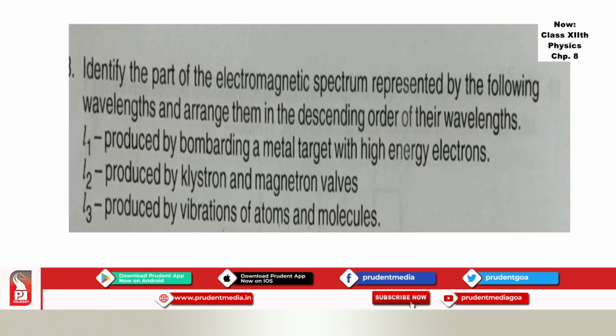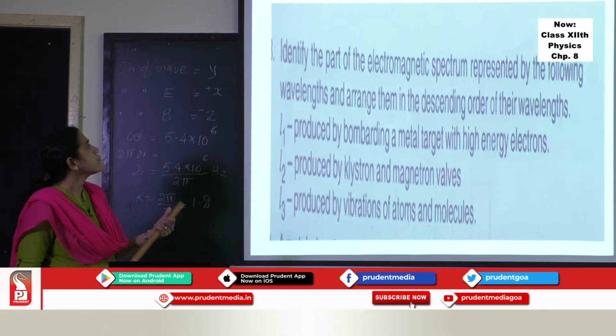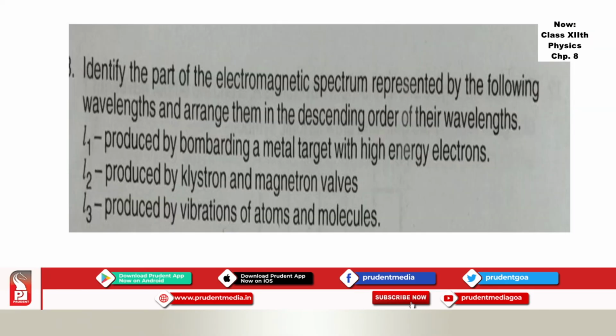Then another common type of question which can come from this chapter. I think it came in the 2018 board exam. Identify the part of the electromagnetic spectrum represented by the following wavelengths and arrange them in the descending order of wavelength.